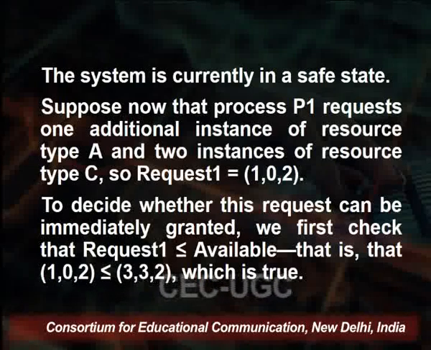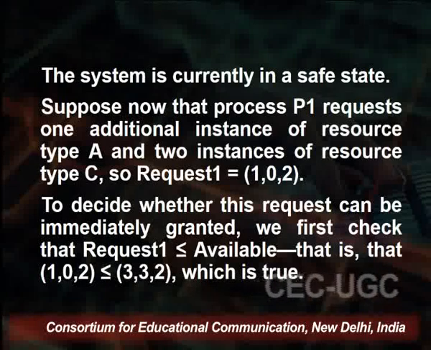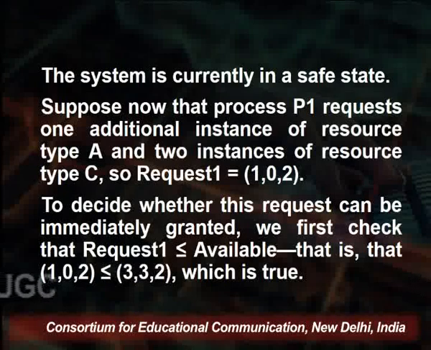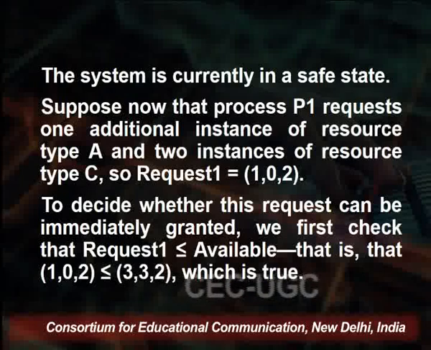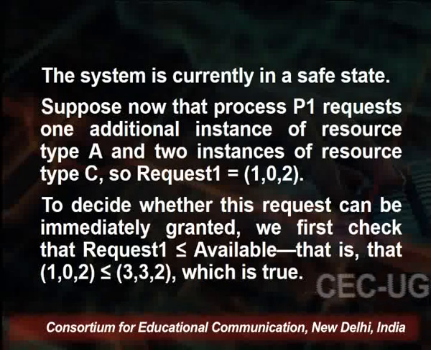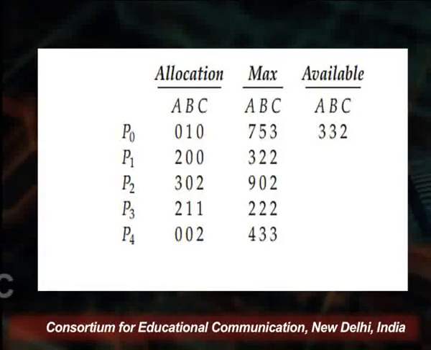To decide whether this is to be immediately fulfilled, we need to check whether whatever is being requested is less than or equal to available, yes or no. So the request is 102 and the availability as we have seen is 332.